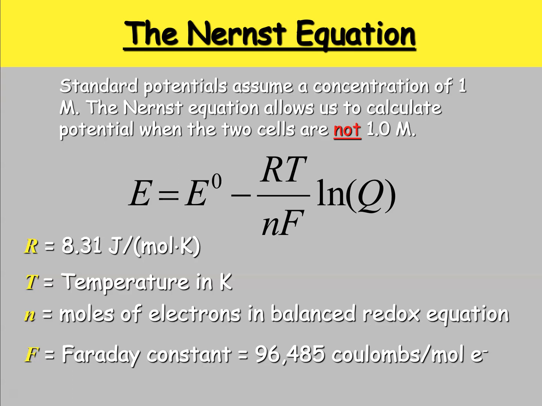The big thing here, as you can see at the top, is that it allows us to calculate the cell potential when the cells are not 1 molar. Remember, standard conditions is 1 molar concentration. R is the energy constant, T is temperature in Kelvin, can't forget that one. n is moles of electrons, we just learned about that one. And then Faraday's constant, and natural log of Q.